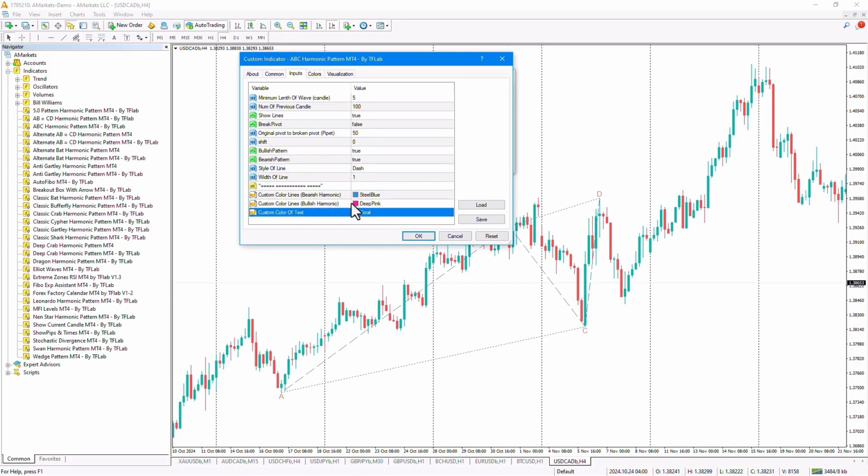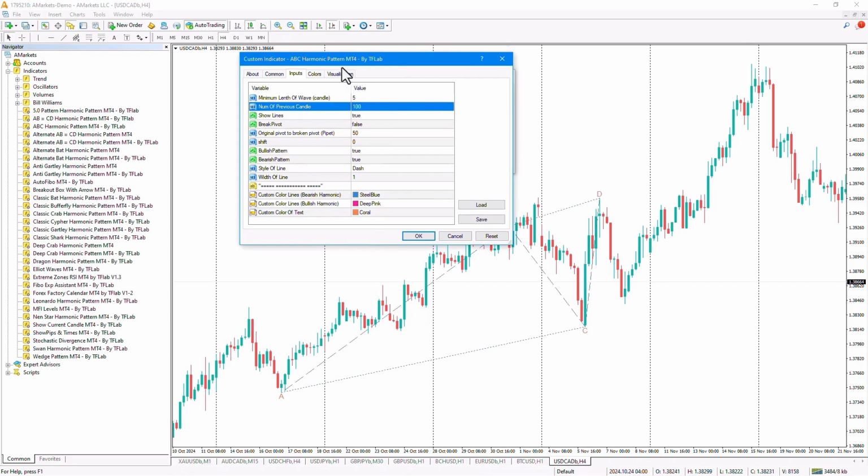In the final section, we can also change the color of the bearish harmonic patterns, the color of the bullish harmonic pattern, and finally, the color of the harmonic pattern labels to any color we like. Just make sure to keep in mind that in the MetaTrader 5 platform, the first two options are different for calculating. The second option uses pivots instead of candles.